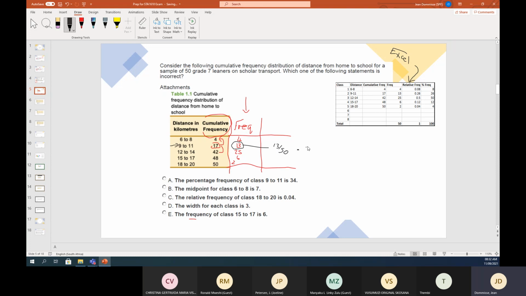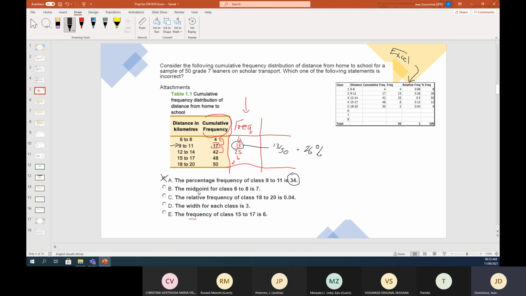That would give you 26%. Their answer is 34, so that one is incorrect. This one was, in a sense, easy. The first one was the incorrect one, but in your exam it can be shifted around which one will be incorrect.